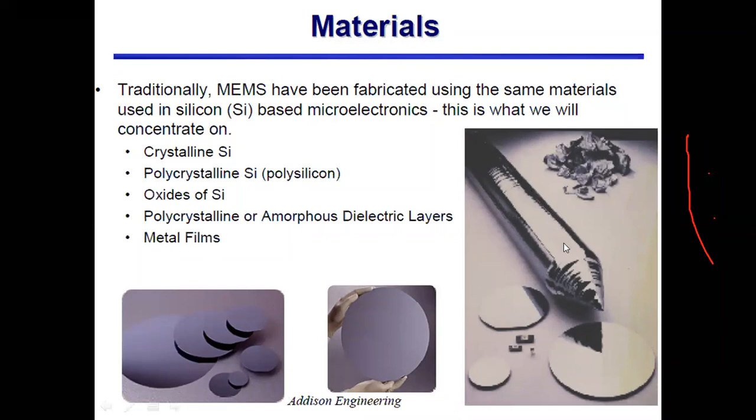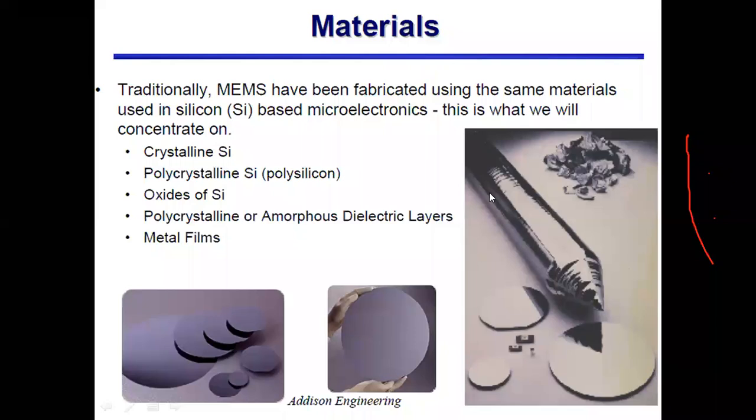Here on this picture, you see this is the raw silicon. It is melted, and after melting, we make this ingot, which is known as silicon ingot, and this silicon ingot is then sliced into wafers.